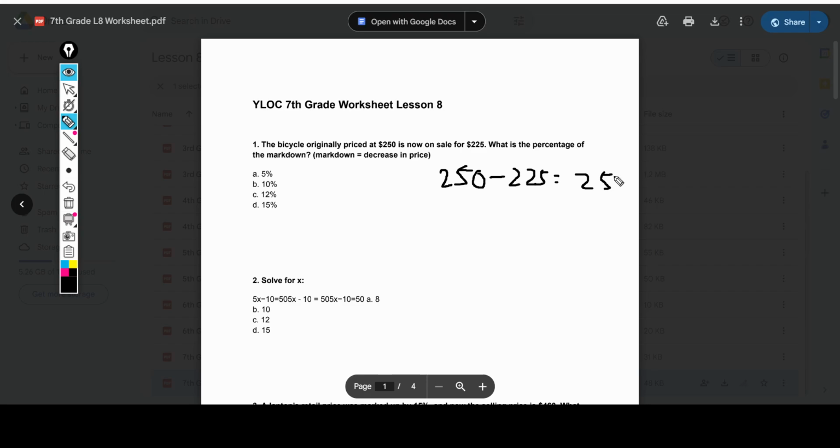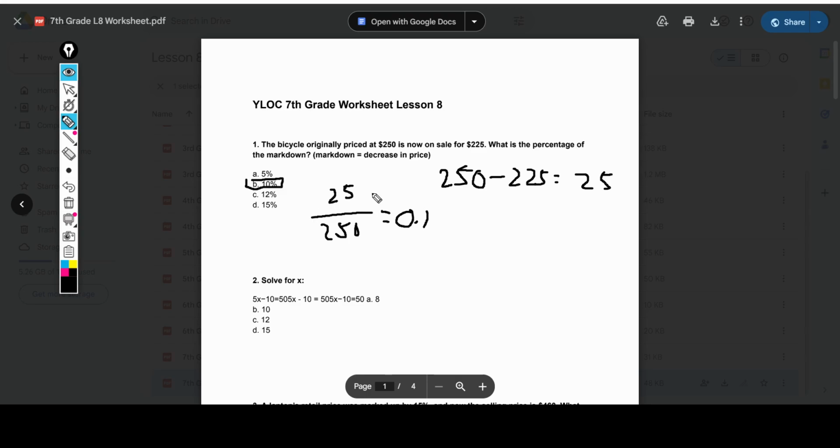So it decreased by $25, but we want to find the percentage markdown. To do this, we put the 25 and divide it by the original price. The original price is $250. When you do this division, you'll get 0.1, which is 10%. So your answer should be 10%.